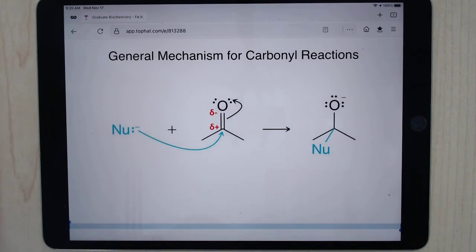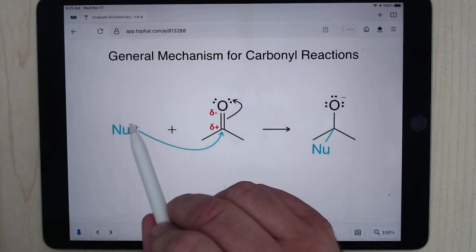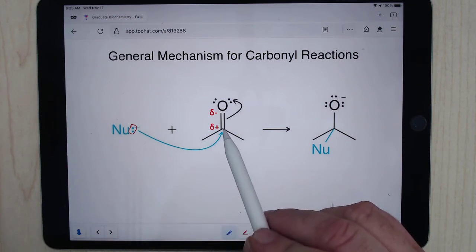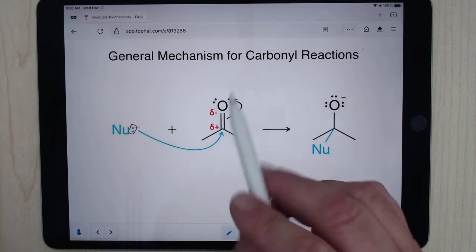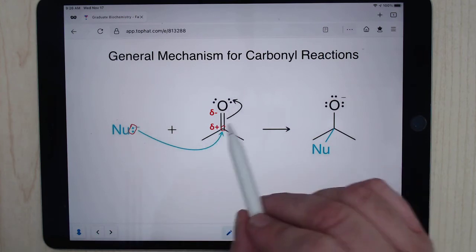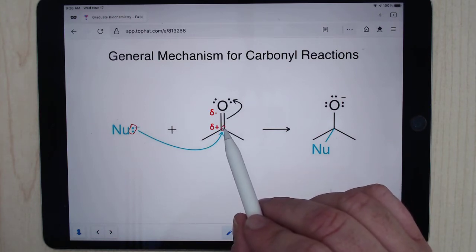Now for addition reactions, the general mechanism is going to look like this. We're going to have some sort of nucleophile. It's going to have a set of lone pairs, so it has negative character. It's going to be attracted to the partial positive on this carbon here of the C double bond O. We're going to make a new bond here. That's going to push these electrons up onto this oxygen, so this carbon doesn't have 5 bonds.